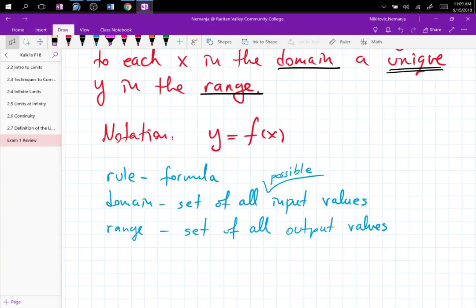And finally, the word unique is what makes everything work. That means one x goes into one y.